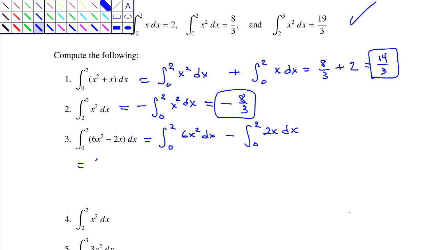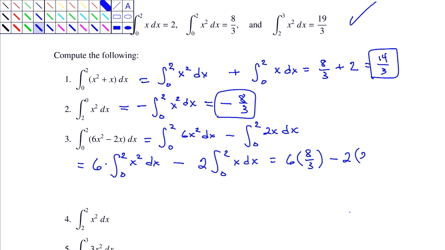So this becomes 6 times the integral from 0 to 2 of x squared dx. Same thing with the 2. That factors out and becomes 2 times the integral from 0 to 2 of x dx. And then we know these. This is 6 times 8/3 minus 2 times 2, which is 12.